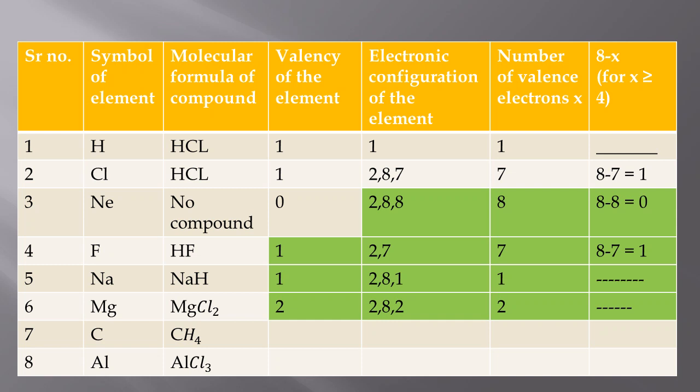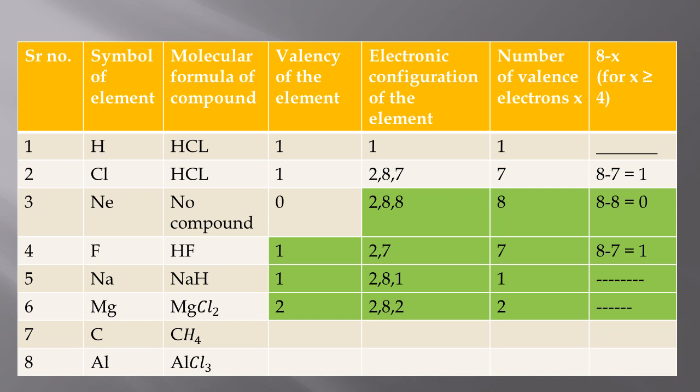Then the electronic configuration of the elements, and the number of valence electrons, that means how many electrons are present in the last shell of an atom. Then 8 minus x for x greater than 4. This 8 minus x is only for elements in which the last shell contains more than 4 electrons.